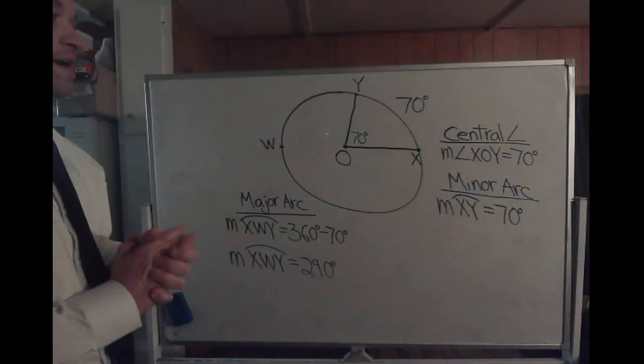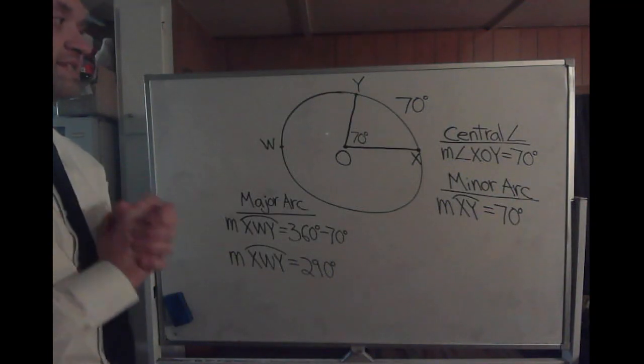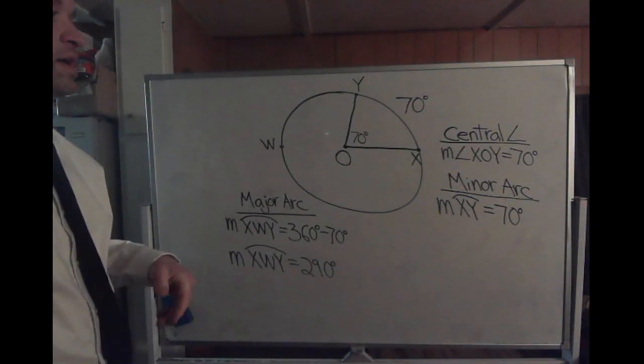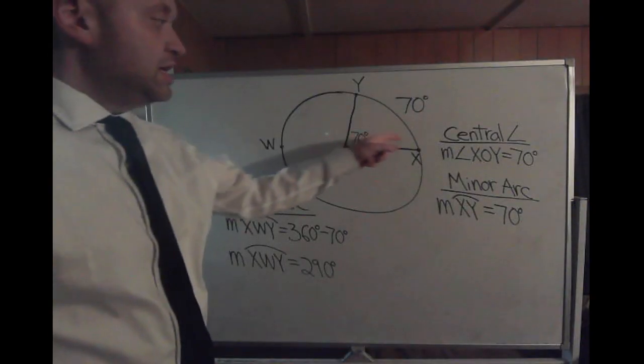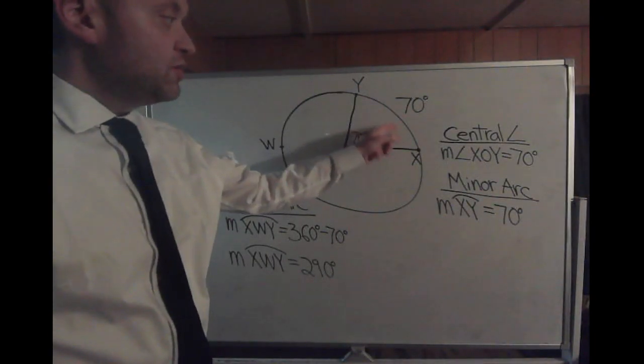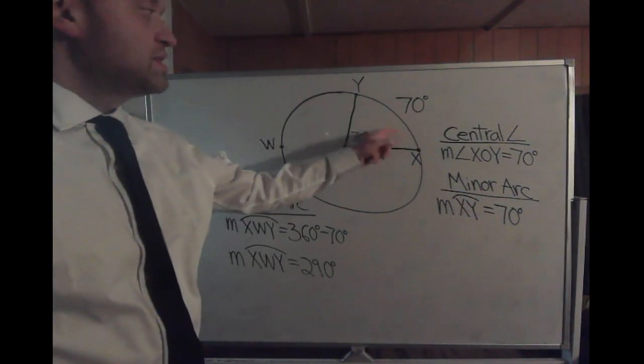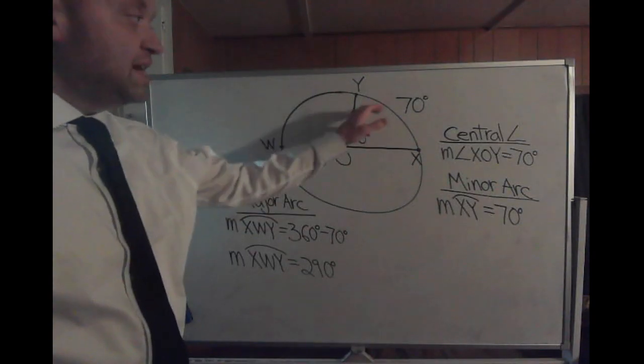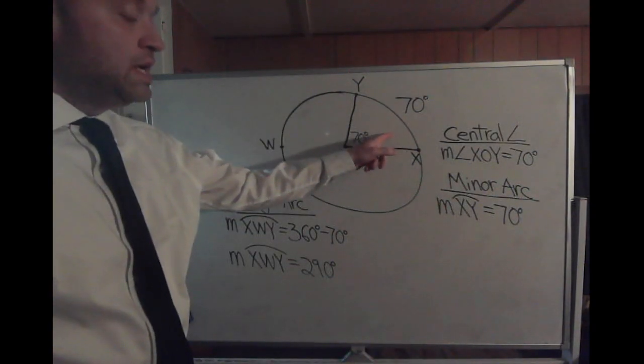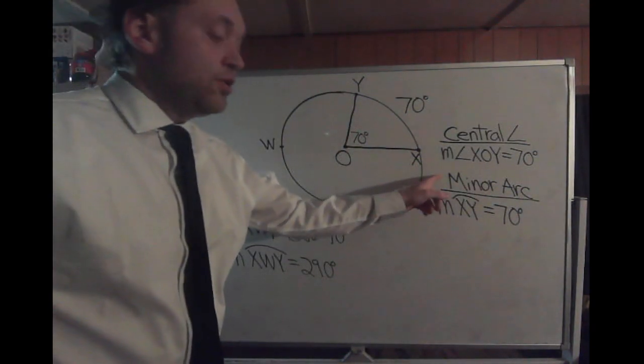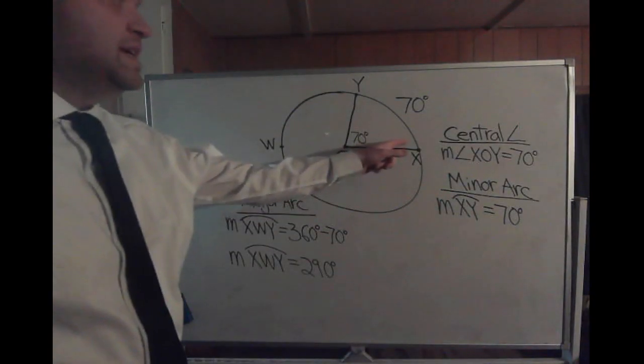Whenever you have a central angle, if you see X and Y, that curved part that connects X and Y inside of the angle is called the minor arc. The minor arc is inside of the angle.